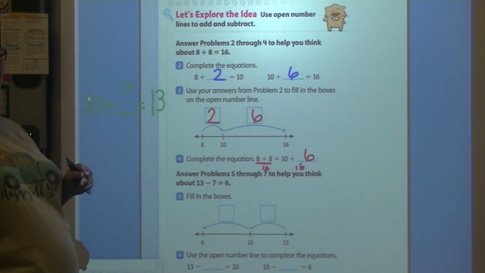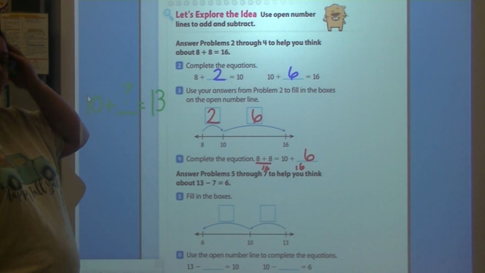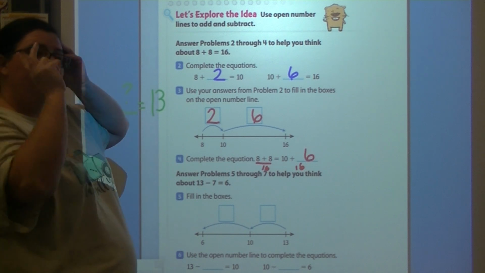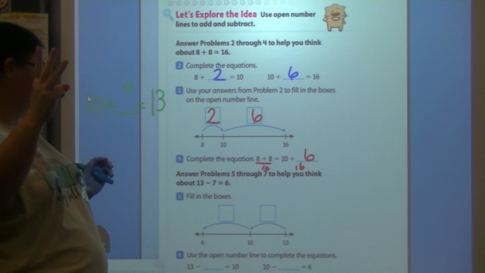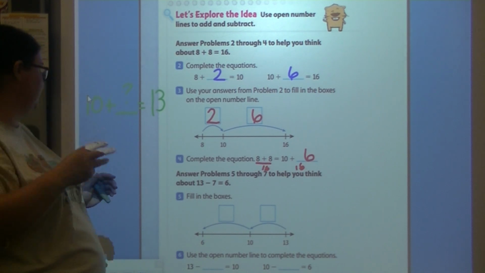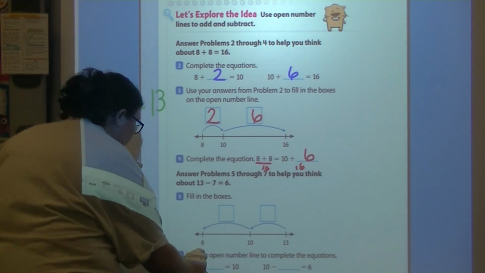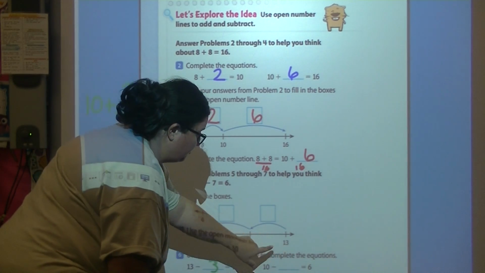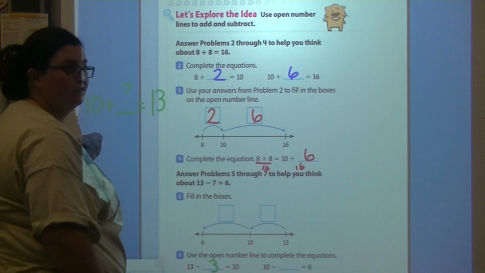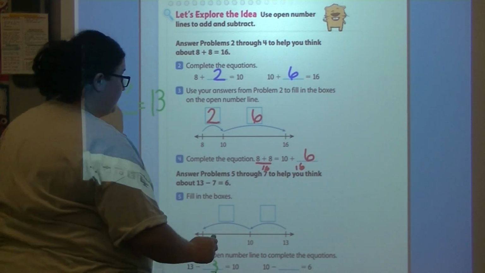Start with 10 and count on to 13. 10, 11, 12, 13. What's our missing number? 3. So how many hops between 10 and 13, boys and girls? 3.